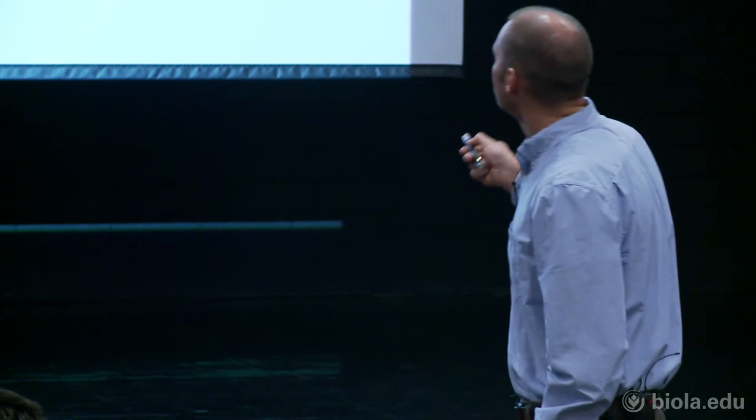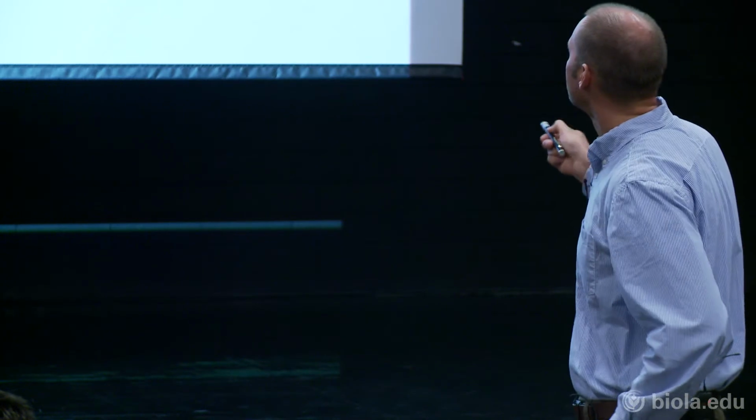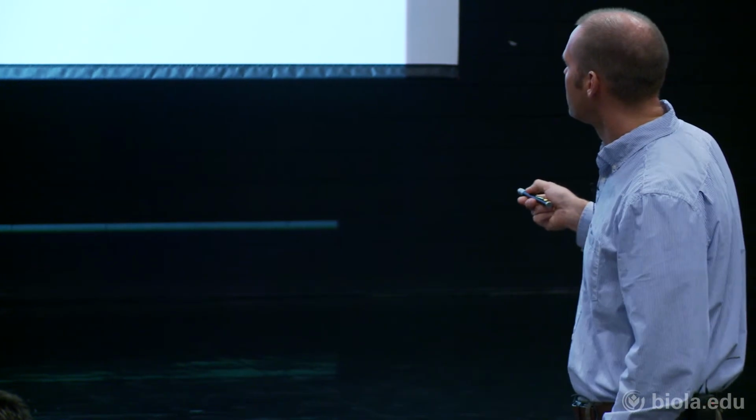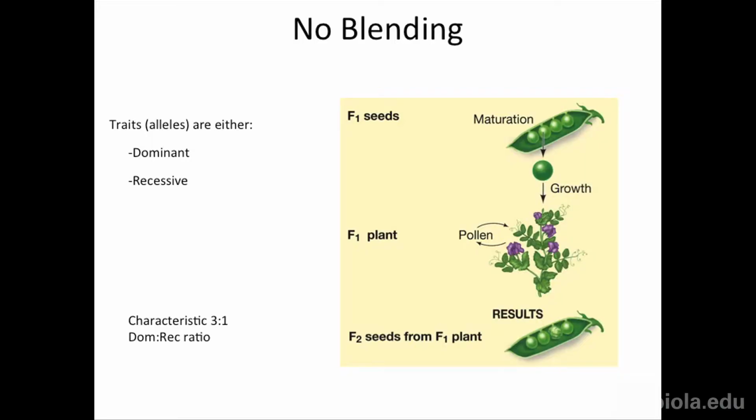That trait completely masks over the wrinkled, okay? Now what he would do is he'd take that plant and he would cross it to all kinds of different things, just testing to see what's going to happen. One of the things he would do is fertilize it to itself, right? What would happen then? If you fertilize it to itself, the results, and this is the second generation now, so this is F1 or the filial generation 1.